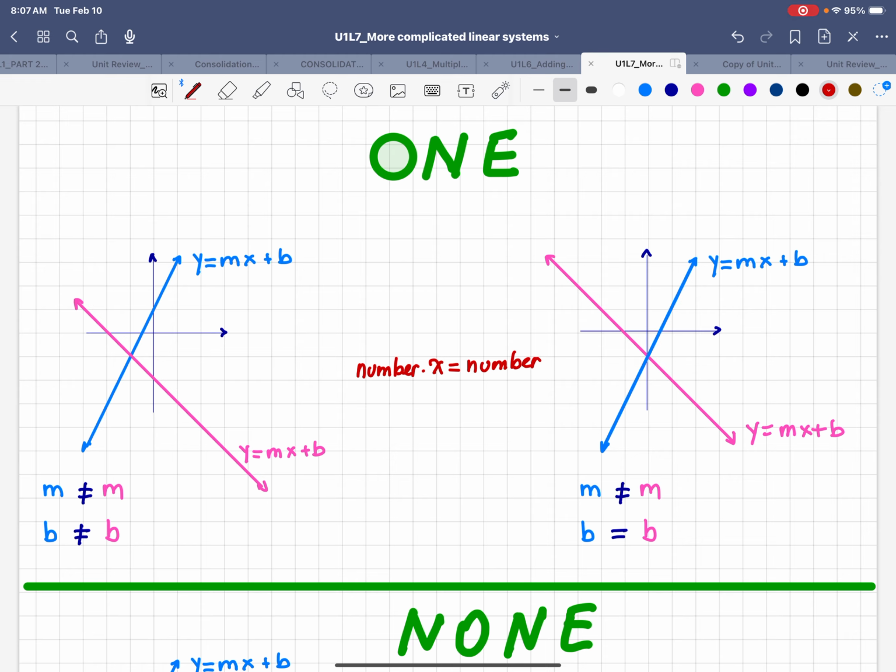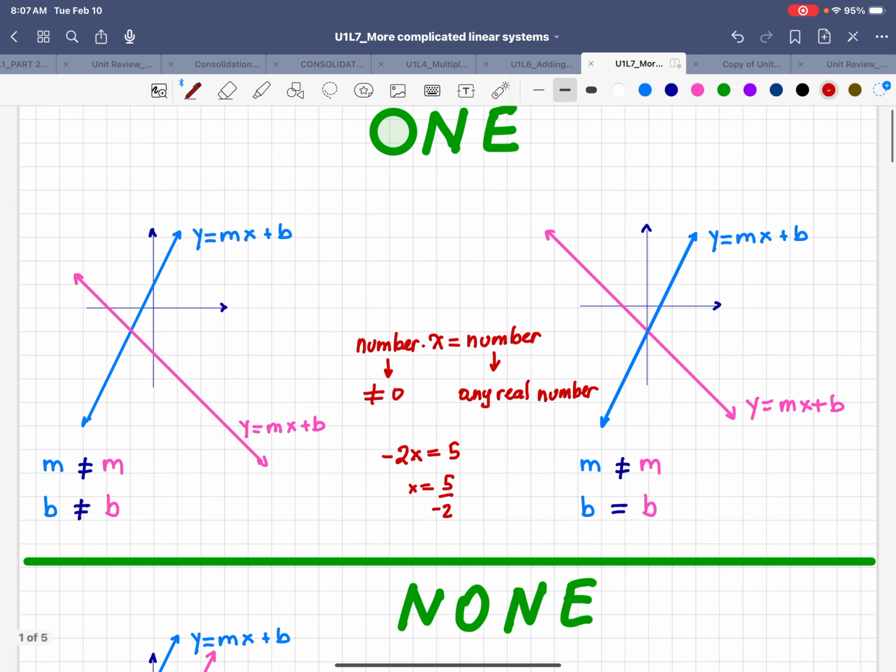The number multiplying x, very importantly, has to be different than 0, whereas the number on the other side can be any real number, including 0. That's how we know that we are getting one solution to the equation. For example, we may end up with negative 2x equals 5 and x equals 5 over negative 2. And then you can find the y-coordinate, the same way as for all systems of equations, by substituting it into the other equation.